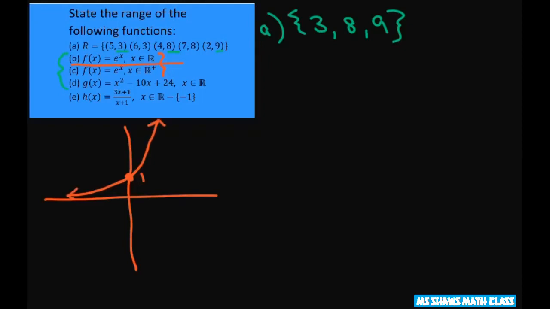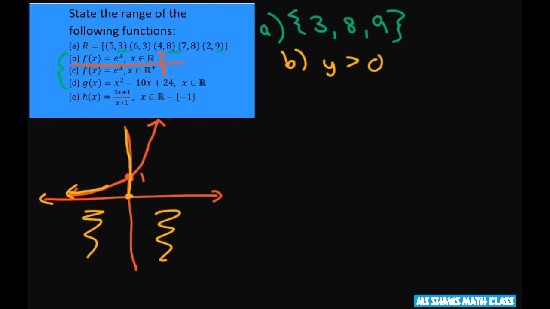So for our range, which is your y values, we know our y values start here and go up. It never goes below for the negative. There's never anything in here. So that means for that one, it's going to be y is greater than 0. It gets really close to 0 here.